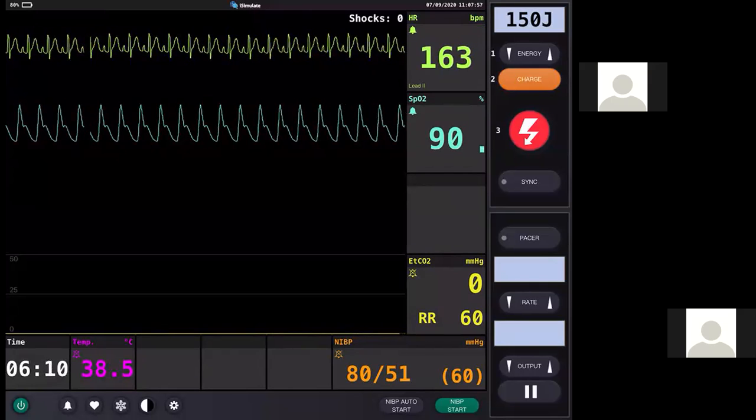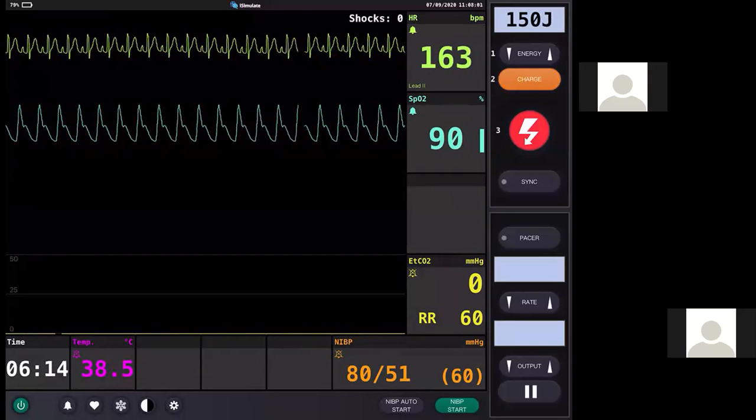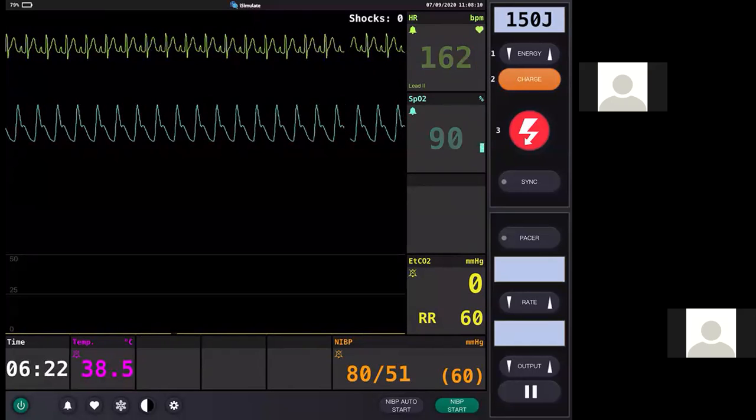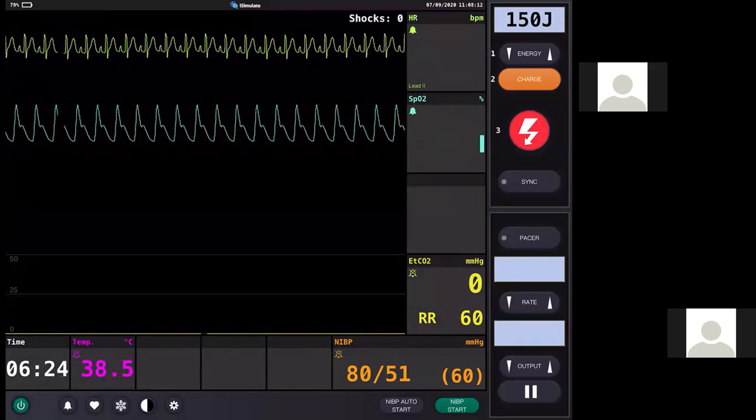I want to put the arterial blood pressure monitor back on for the purpose of this discussion. In reality, we don't do that at home, so you wouldn't do that in your practice.